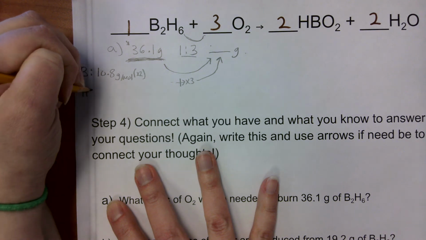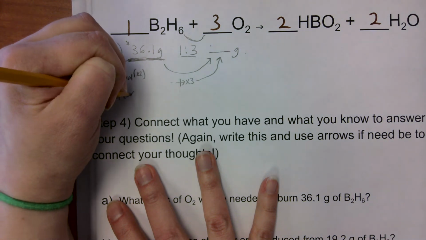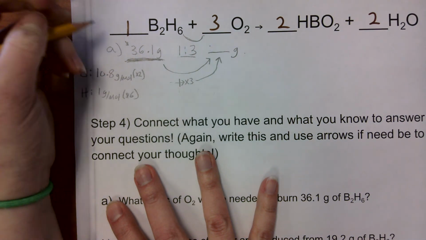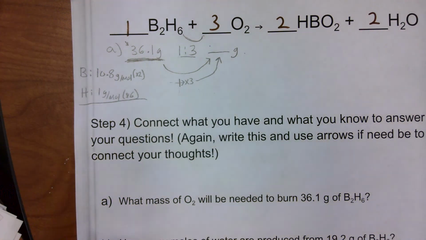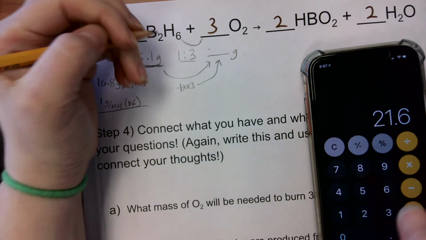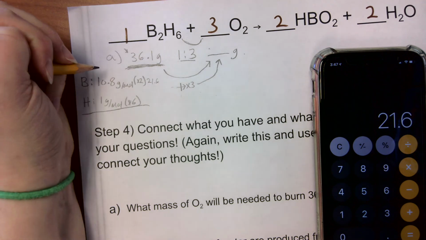And hydrogen obviously is 1 gram per mole, and we have 6 of those. So if we add those together, 10.8 times 2 is 21.6.